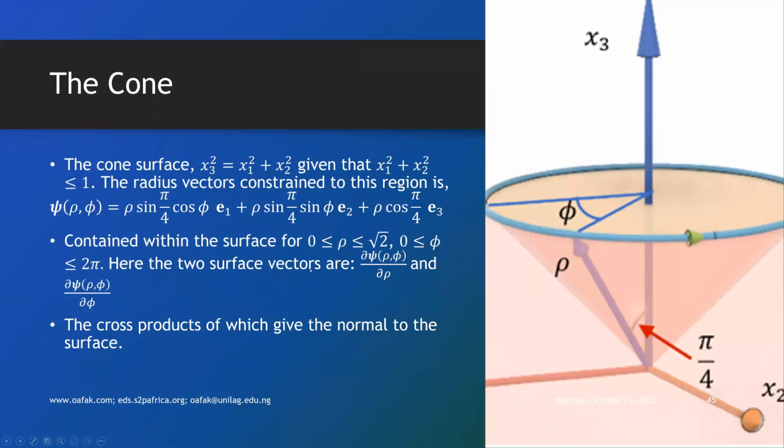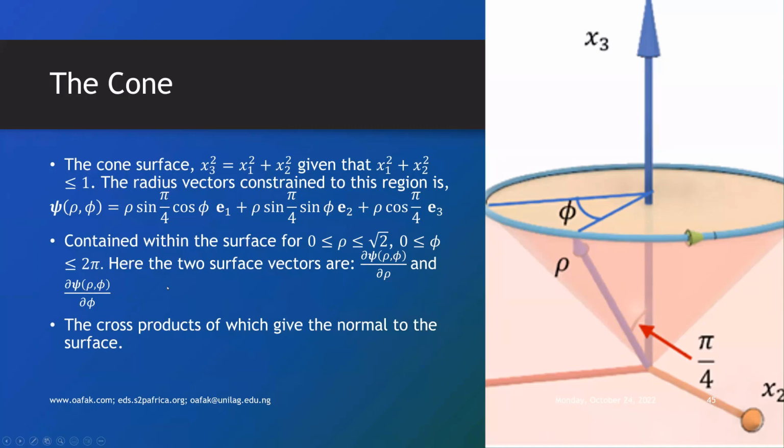And then for the two surface vectors, as usual, we get them by differentiating the two-parameter surface function with respect to rho and with respect to phi. When we differentiate with respect to these two, as we did before, we get the two surface vectors, and we take the cross product of those two surface vectors.